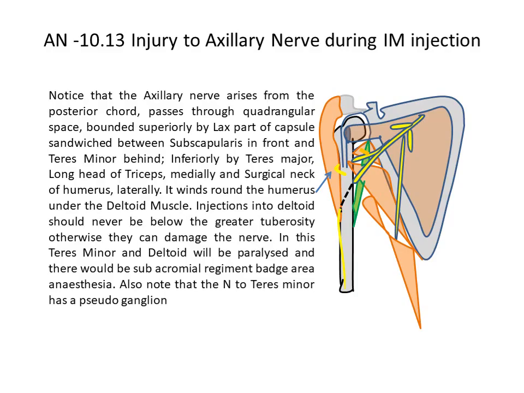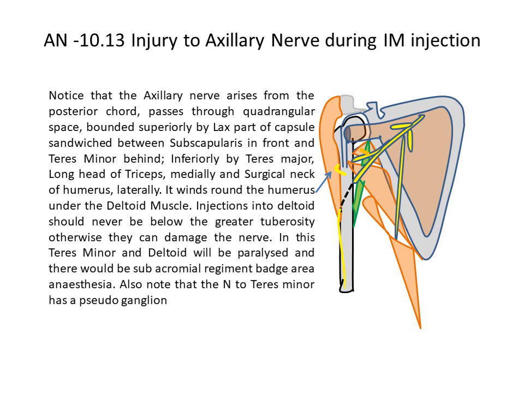Then we see the axillary nerve, which arises from the posterior cord, passes through the quadrangular space, bounded superiorly by the lax part of capsule, sandwiched between the subscapularis in front and teres minor behind, inferiorly by teres major, medially by the long head of triceps, and surgical neck of humerus laterally.